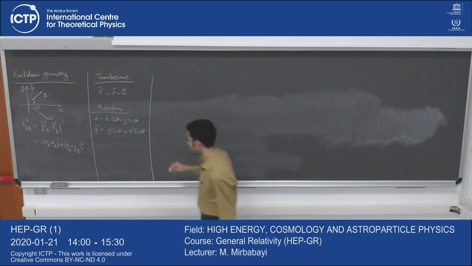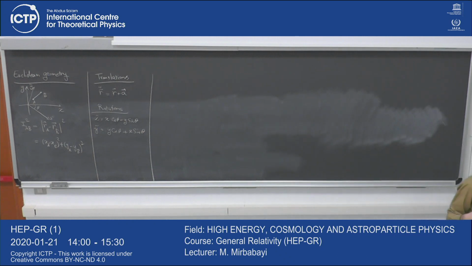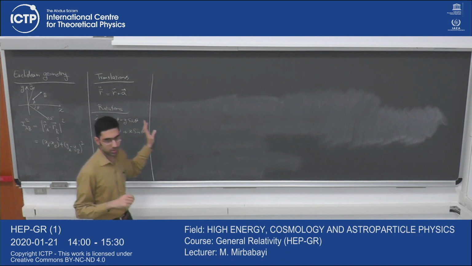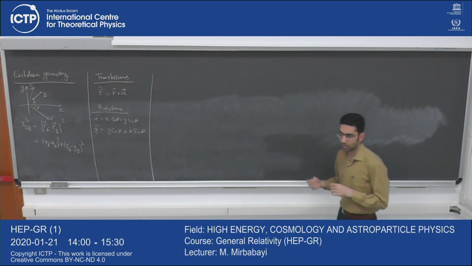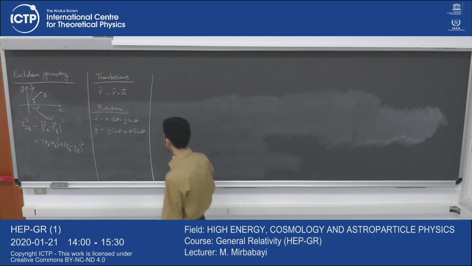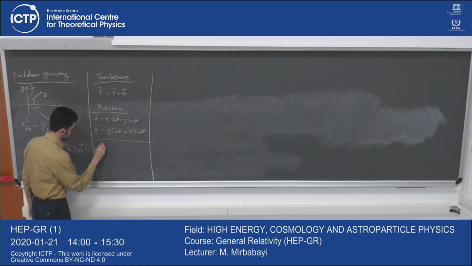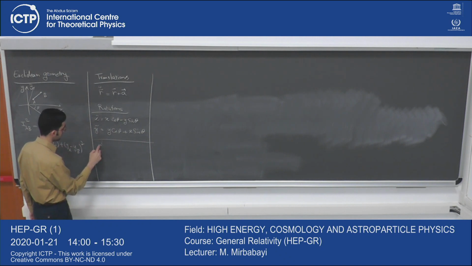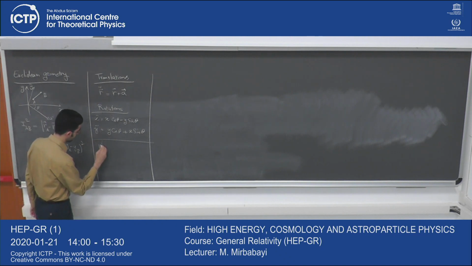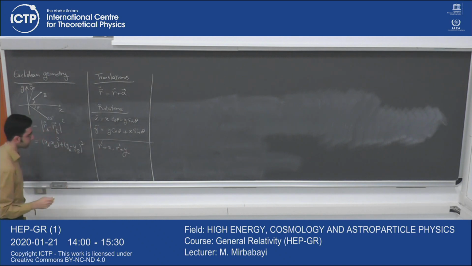Now, one thing that we are going to use a lot in this course is index notation, because things are going to get out of control if we write everything explicitly. So we introduce indices and summation conventions. We denote the components of the vector R by R_i. So R_1 is going to be x, and R_2 is going to be y.